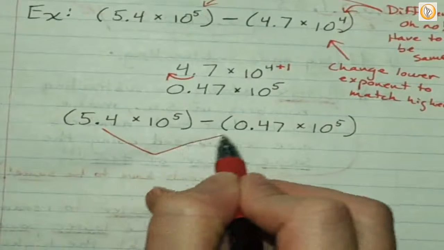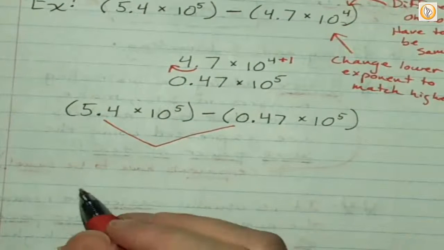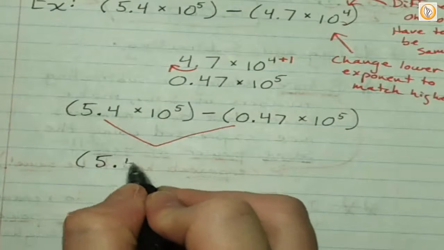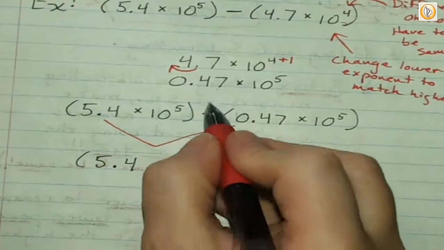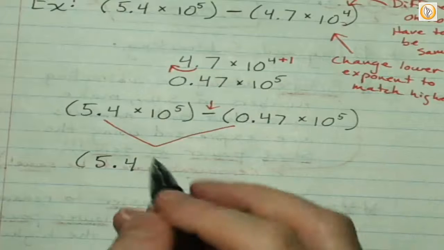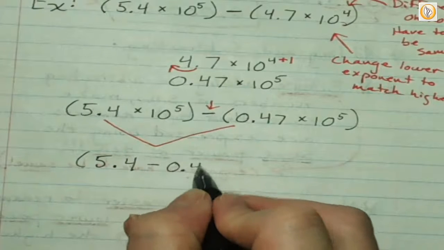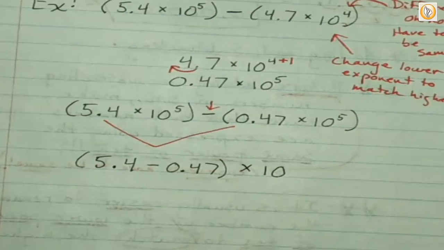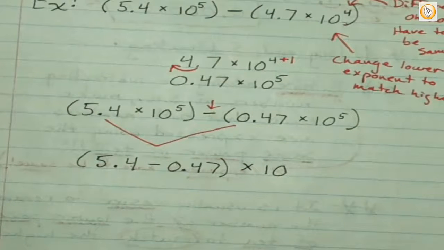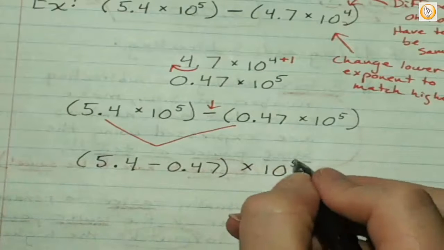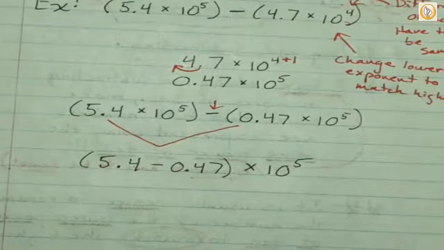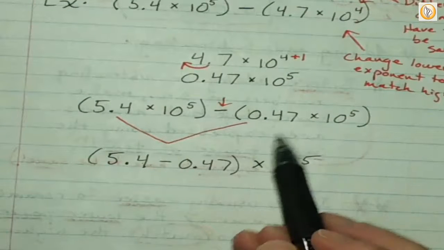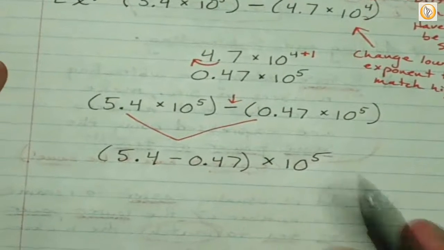So now we do our grouping. 5.4, and we're subtracting this time, so minus 0.47 times 10 to the what, Cecilia? To the 5th power. Very good. Because when you're adding and subtracting, once you've made them the same, you just bring it down.